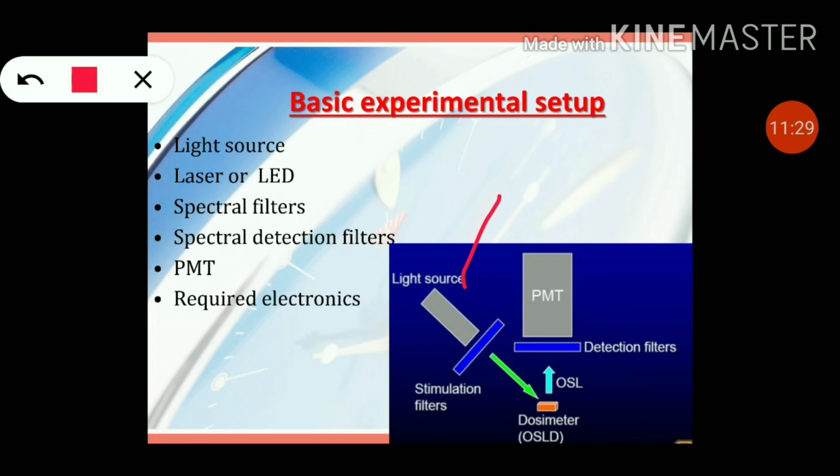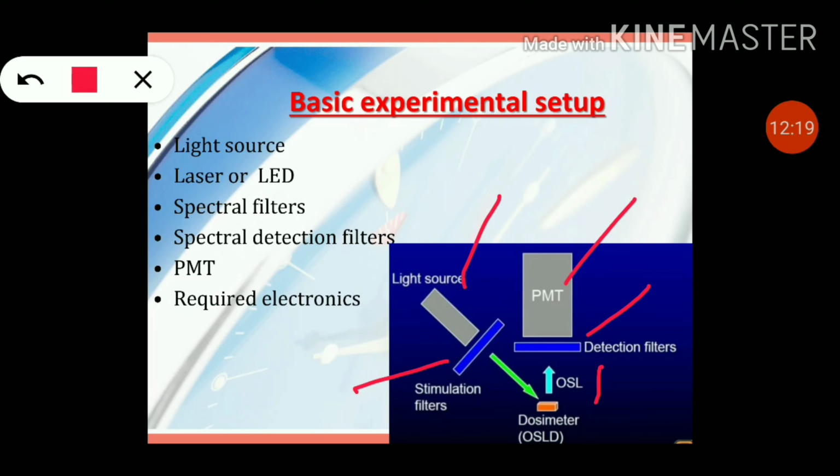These are spectral filters that are used to select the wavelength of the light source and remove the short wavelength light. These are called spectral detection filters. They will absorb the stimulation light while transmitting the OSL signal from the dosimeter, so that it will not disturb the recording. Then there is a photomultiplier tube for recording the light emitted by the dosimeter and the required electronics.